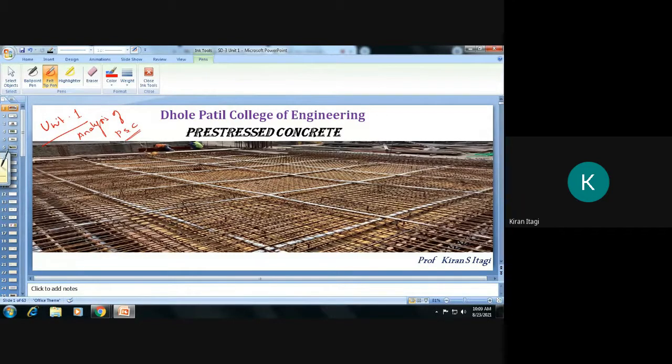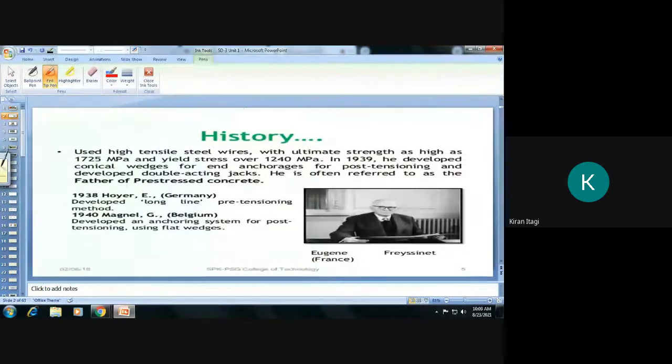So directly going into the things, we will go step by step. PSC is nothing but prestressed concrete. Just remember it, and don't confuse it with pretension and post tension. PSC is nothing but prestressed concrete.